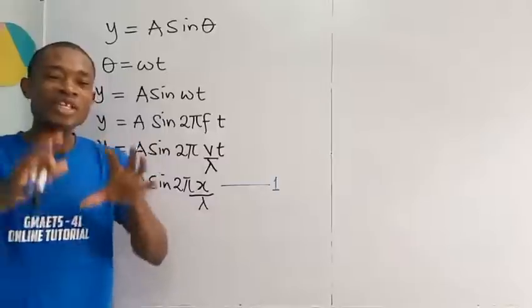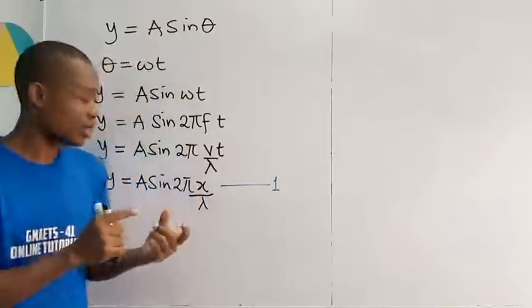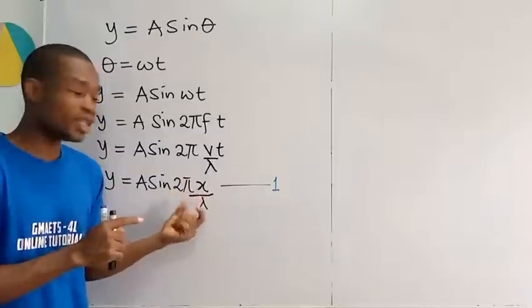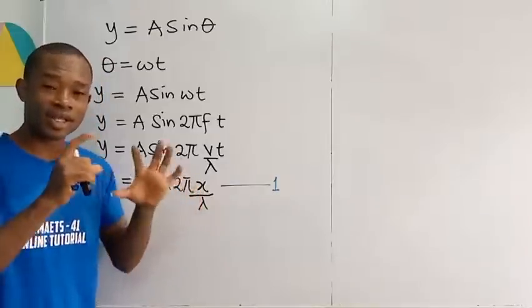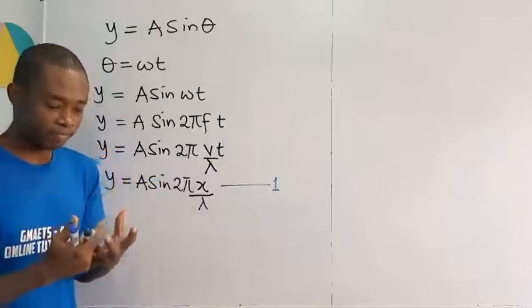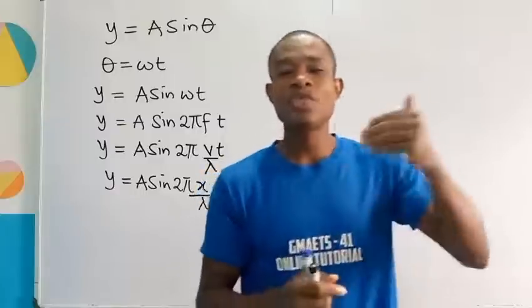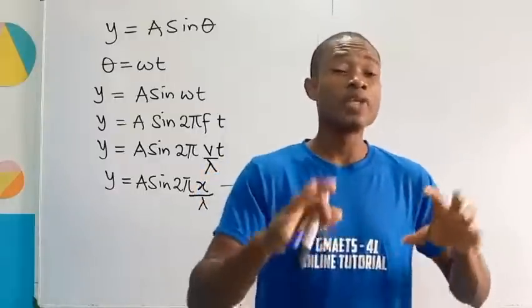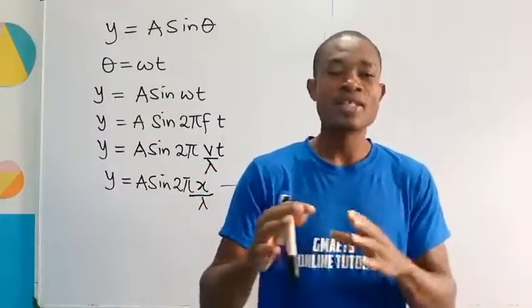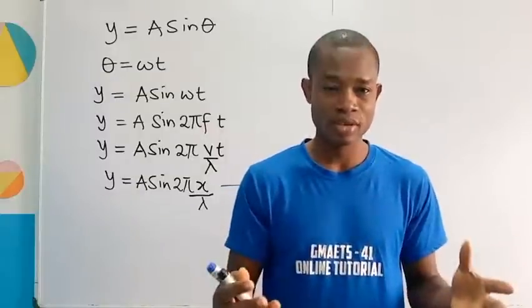Now we have established this progressive wave equation in terms of distance only, the distance that the wave covers as it is traveling. But do you know something? As a wave is traveling, it's moving with speed, and as it's moving with speed, a certain time is being covered.